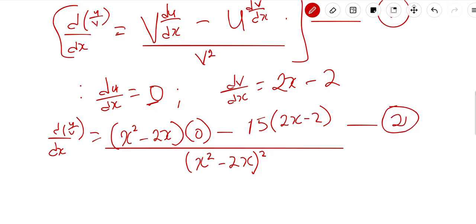Okay, just simplifying equation 2, we have that 0 multiplied all of these. Whenever you multiply any number by 0, it turns to 0. So we have 0 minus 15 multiplied by 2x. That's going to give me 30x. And then minus 15 multiplied by minus 2 gives us positive 30.